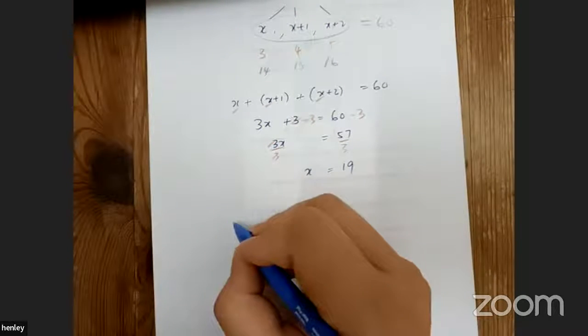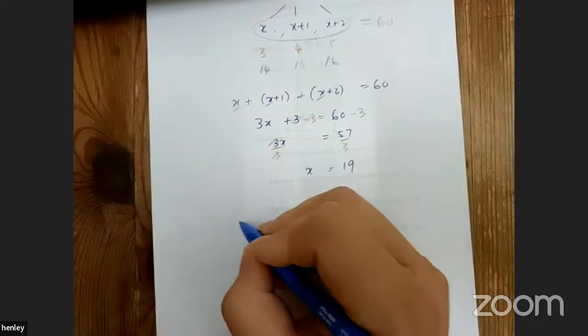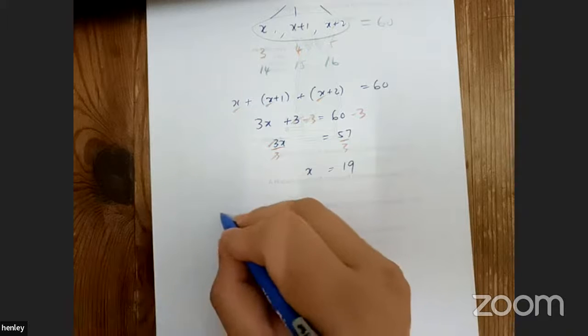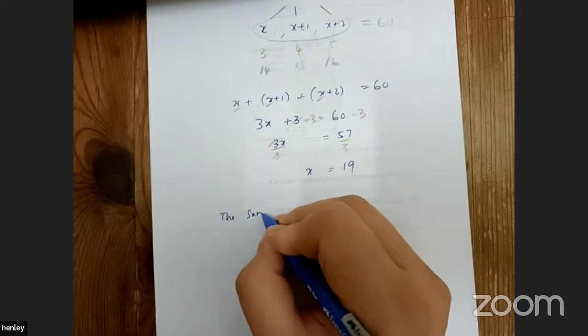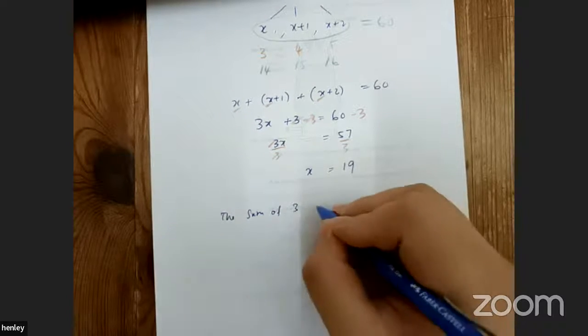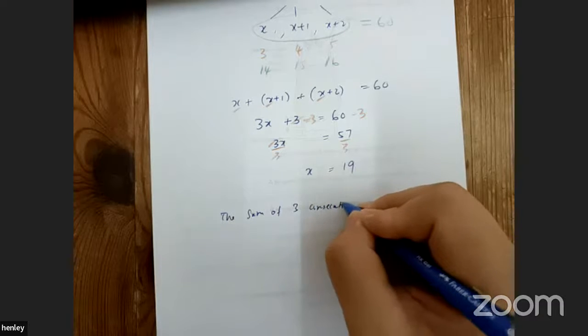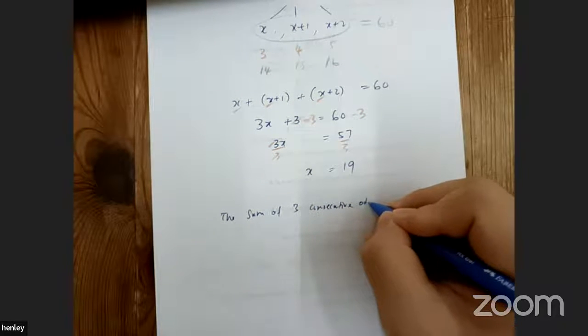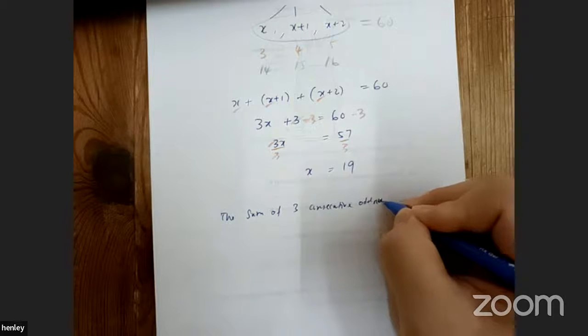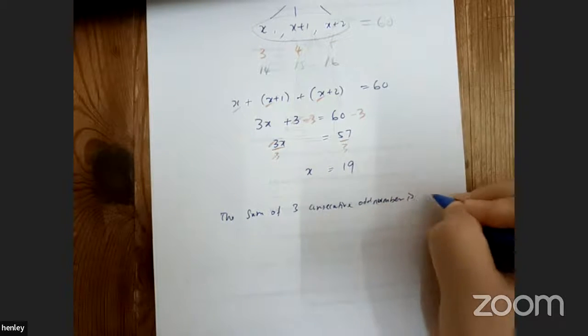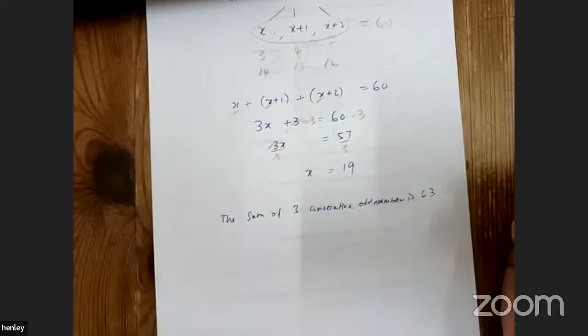So if the sum of 3 consecutive odd numbers is 63, how should you do it?